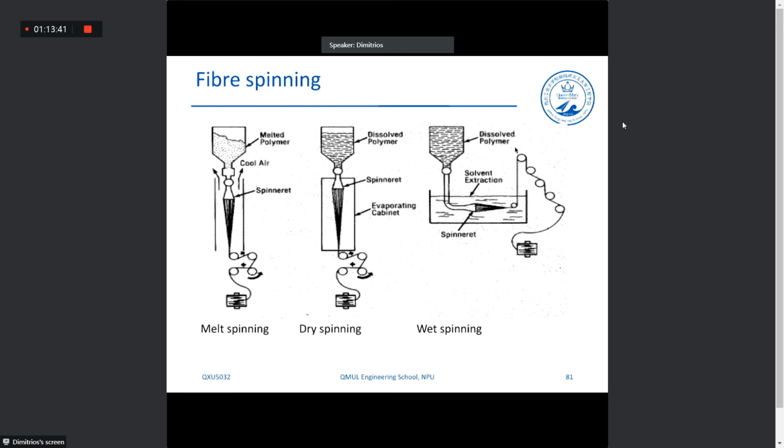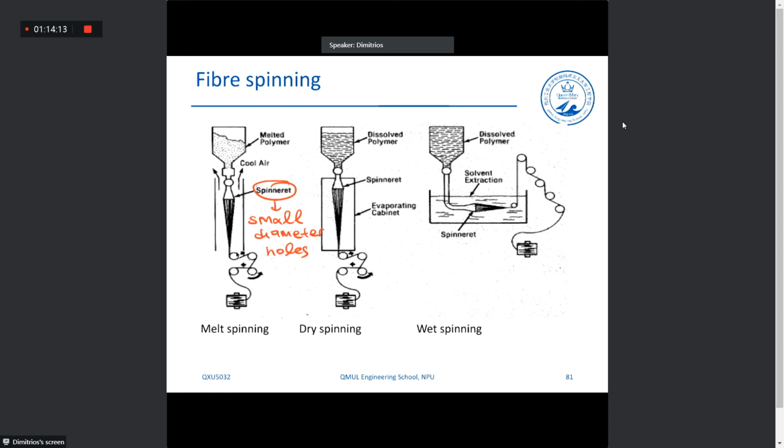But also we have an opportunity to use with fiber spinning, let's say, equipment. We can use polymer and a solvent mixture. So we have dissolved polymer here. In these two cases, we have polymer plus solvent mixture, okay? So essentially, we dissolve the polymer into a solvent, okay, an appropriate solvent.